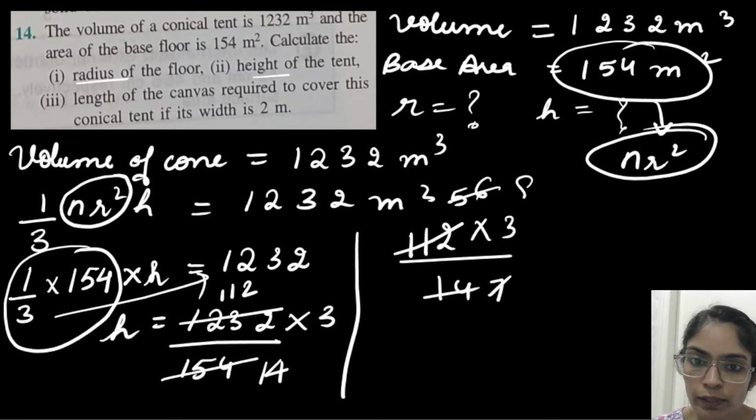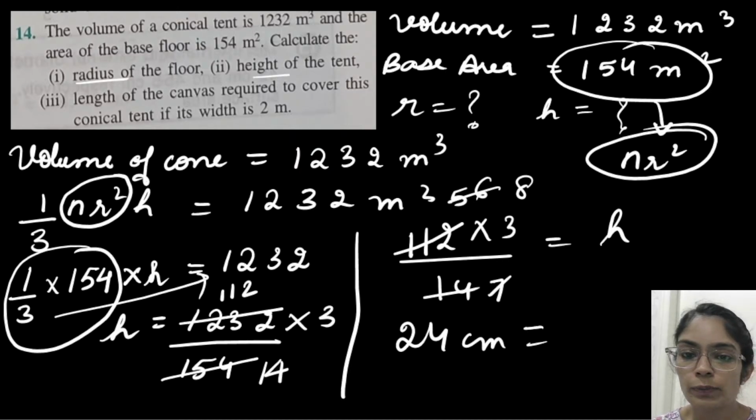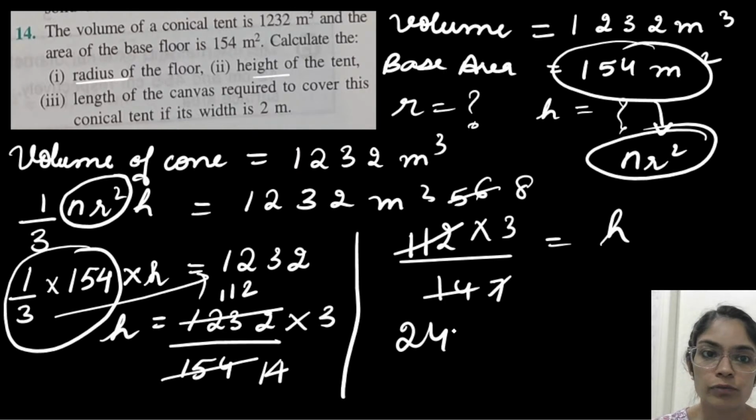So 7 into 8, 8 into 3, 24. So height is equal to 24 meter.